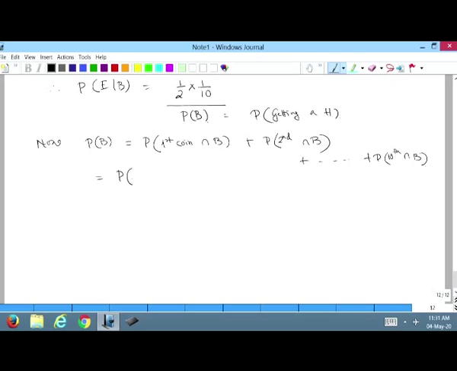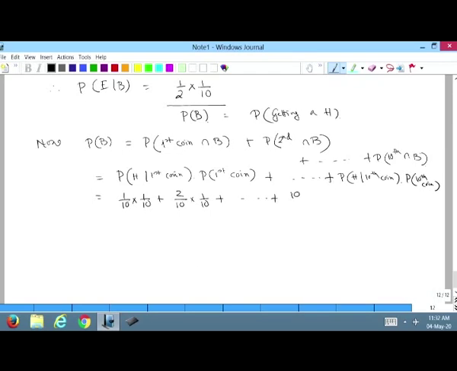This is equal to probability of head given first coin into probability of first coin, plus up to probability of head given 10th coin into probability of selection of 10th coin, which is equal to 1 by 10 into 1 by 10 plus 2 by 10 into 1 by 10 plus up to 10 by 10 into 1 by 10.